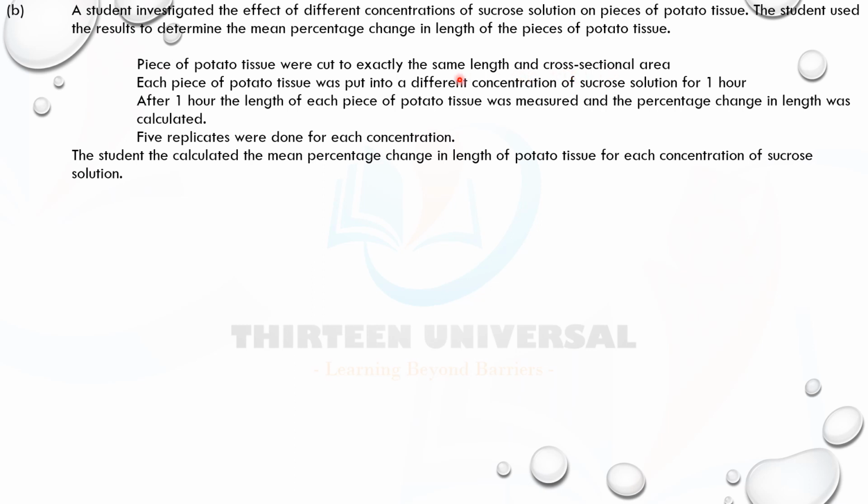Each piece of potato tissue was put into a different concentration for 1 hour, so they must be left the same time. After 1 hour, the length of each piece was measured and the percentage change in length was calculated. 5 replicates were done for each concentration. The student then calculated the mean percentage change in length of potato tissue for each sucrose solution. The processed data are shown.